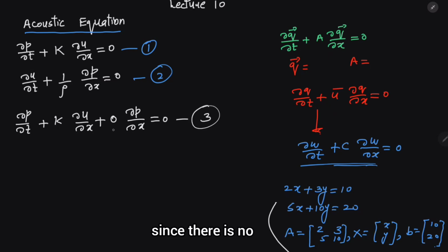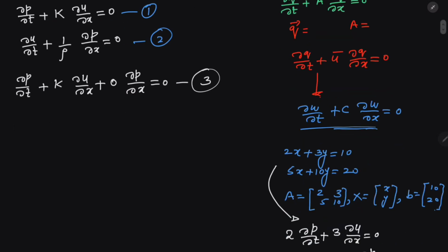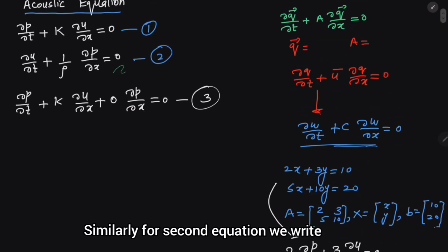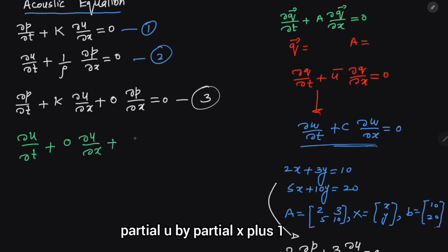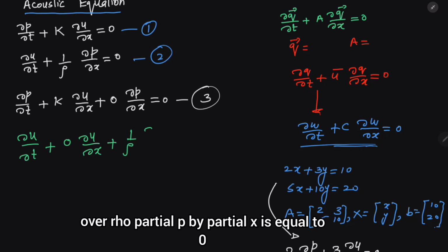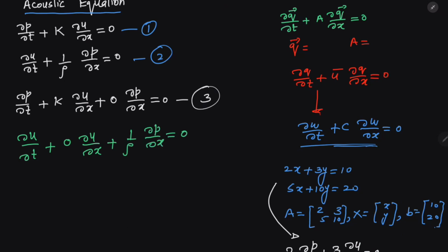Since there is no partial derivative of p in the first equation, we write it as 0 partial p by partial x. Similarly, for the second equation, we write it as partial u by partial t, 0 partial u by partial x plus 1 over rho partial p by partial x is equal to 0.